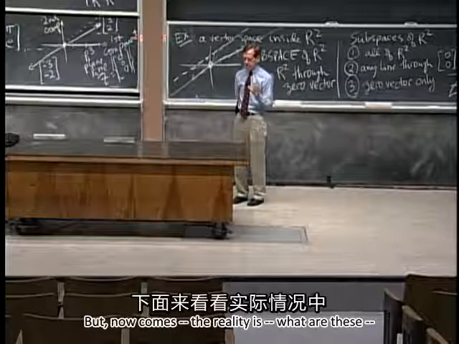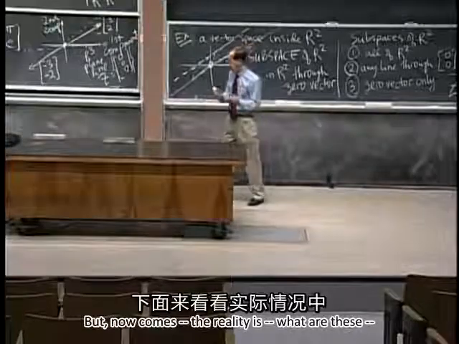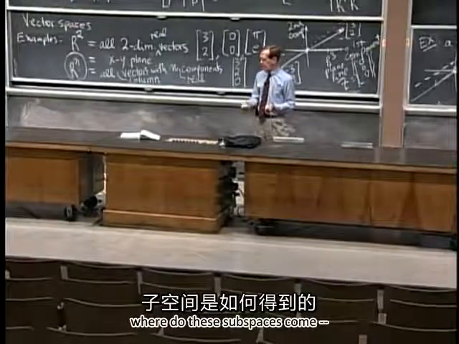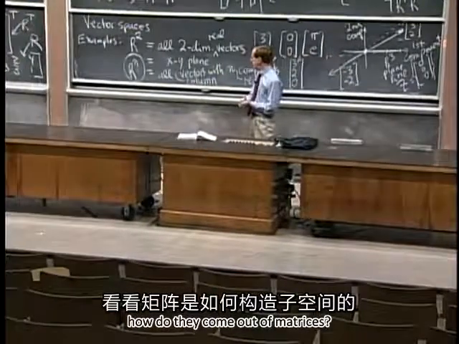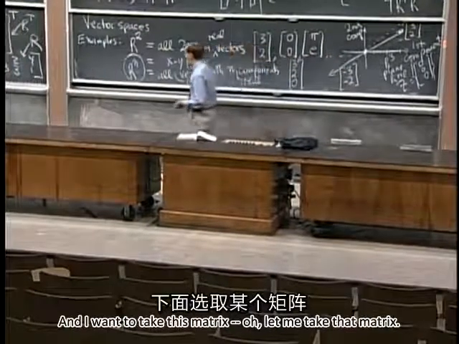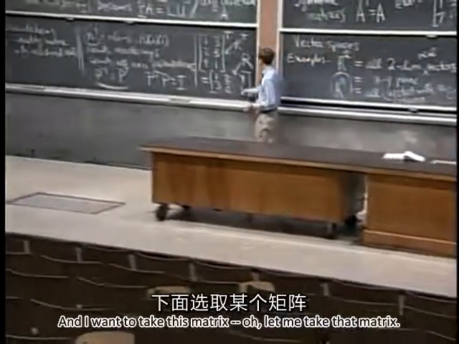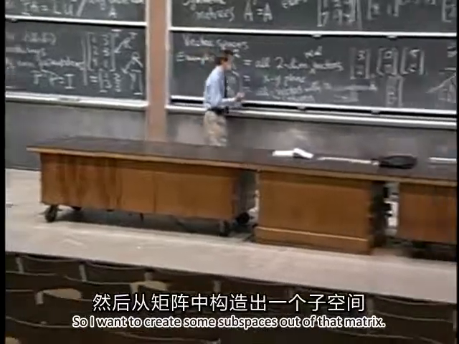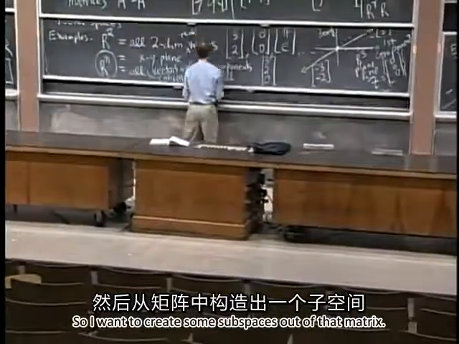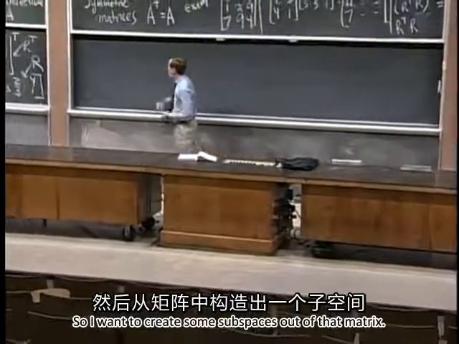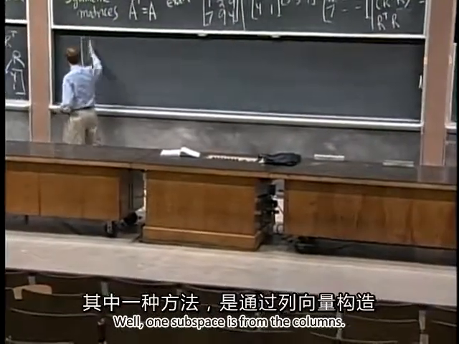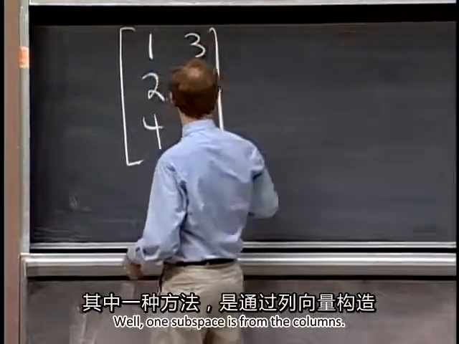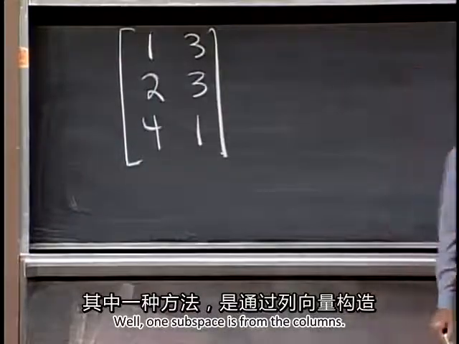But now comes the reality: where do these subspaces come from? How do they come? Out of matrices. And I want to take this matrix, oh, let me take that matrix. So I want to create some subspaces out of that matrix. Well, one subspace is from the columns.